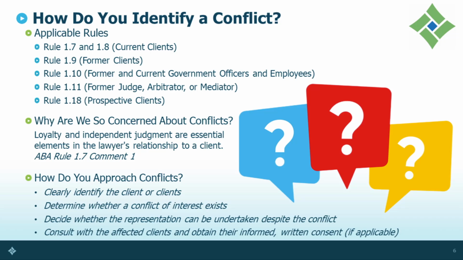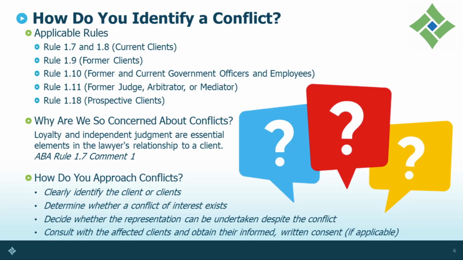In some instances, states can add or revise the model rules to reflect some local practice or custom that might be unique to that jurisdiction or state. I practice in South Carolina, and our rules of professional conduct have a few different requirements than the rules in other states and the model rules. As we move through today's webinar, we will refer to several rules that are important to any conflict analysis.